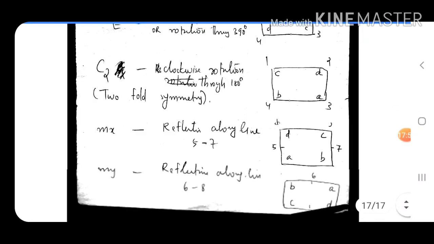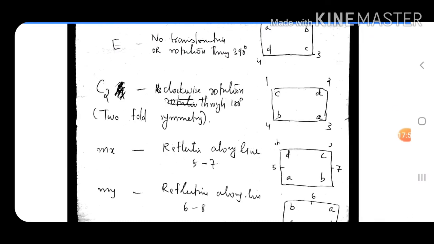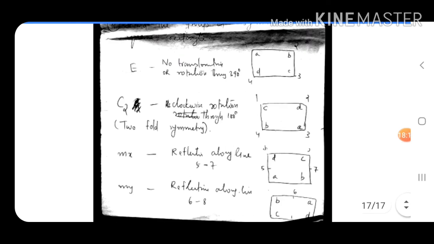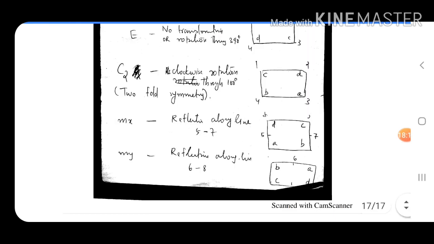Now you have to find C2MX, C2MY, and MX MY, and form the group multiplication table. That is left as an exercise for you. So this is all about the multiplication table, and the theorem connected with the multiplication table is the rearrangement theorem.